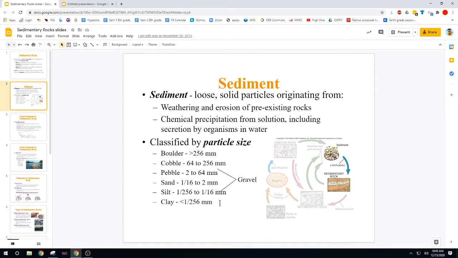As we go, you'll come back to these. I'm not going to ask you to memorize that sand is this size or a pebble is this size. But clay is the smallest, boulder is the biggest, and sediment is classified by its size.